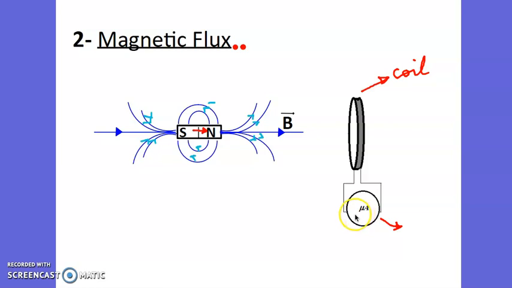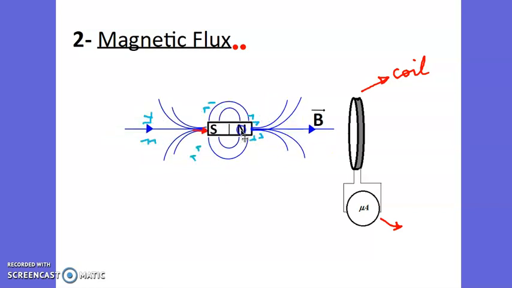So what does this mean? It means that the induced current or the induced EMF is only created when the flux in the coil either increases or decreases.